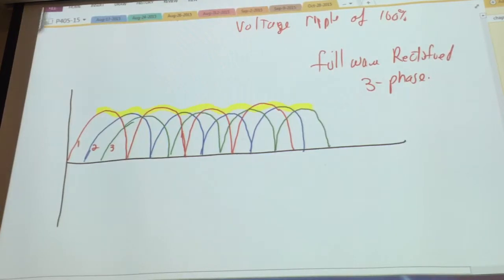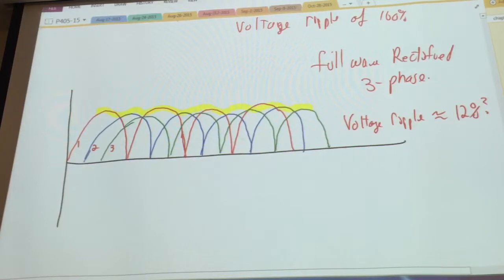And for this, the voltage ripple is, if memory serves, on the order of 12%. Don't quote me on the 12%, I'm kind of forgetting that one right now, but I think it's about 12%. But let's just suppose it was 12%.